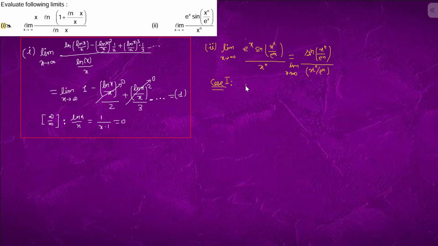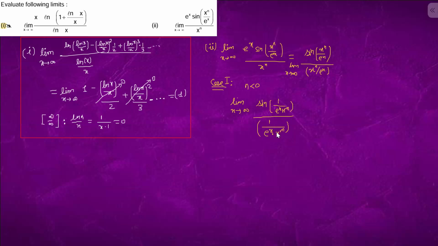Case 1. When n is less than 0, it will become 1 upon e^x to the power m, so sin of (1 upon e^x to the power m) upon (1 upon e^x to the power m).